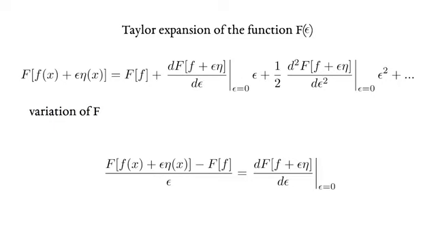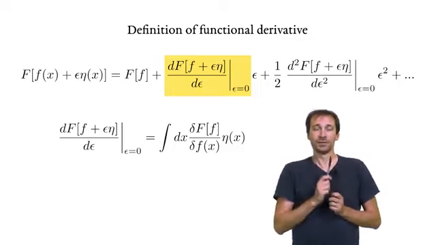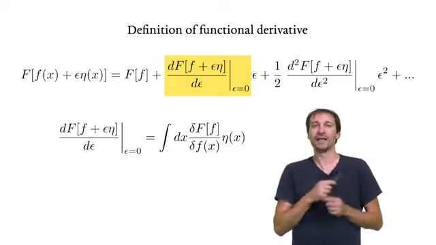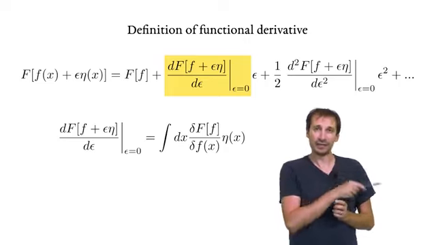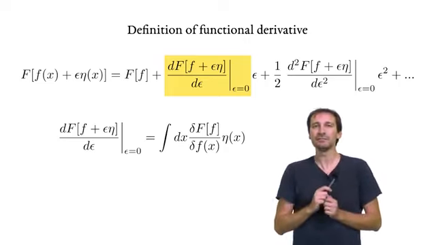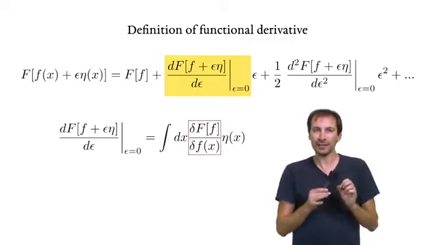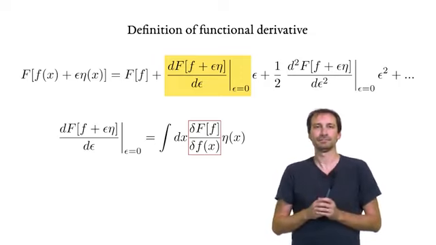So, we are ready to define the functional derivative. As it follows. If the first derivative of capital F with respect to epsilon exists and can be written as the following integral in x of something times the eta function, then this something is defined as the functional derivative with respect to function f.